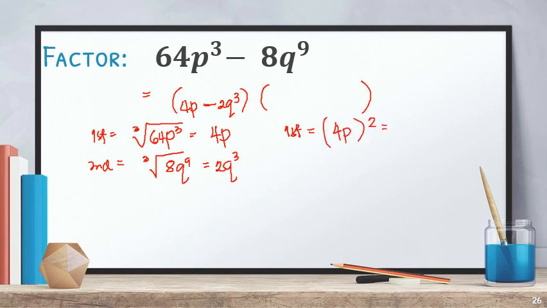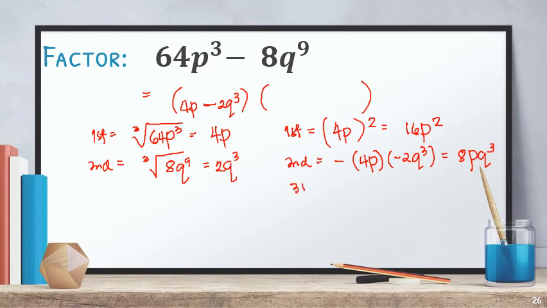So we have 16p squared. And for the second term, we will get the negative product of the first and the second term of your first factor. So we have 4p and negative 2q cubed. So we have positive 8pq cubed.